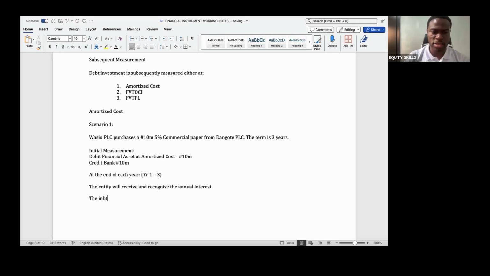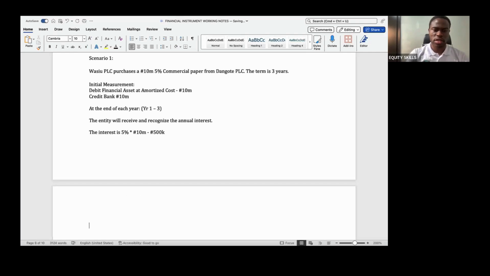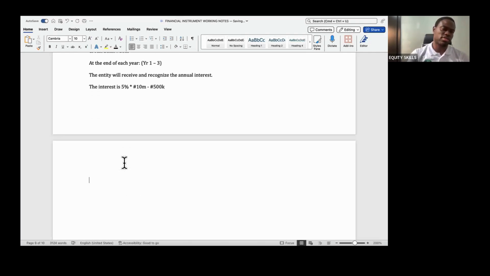The interest is simply 5% on the nominal value. It's always on the nominal value. That's 500,000. So at the end of each year, it will be received because this is a debt investment. They pay you at a specified date. So anytime you receive money, you simply debit bank, right? And you credit P&L with interest income.